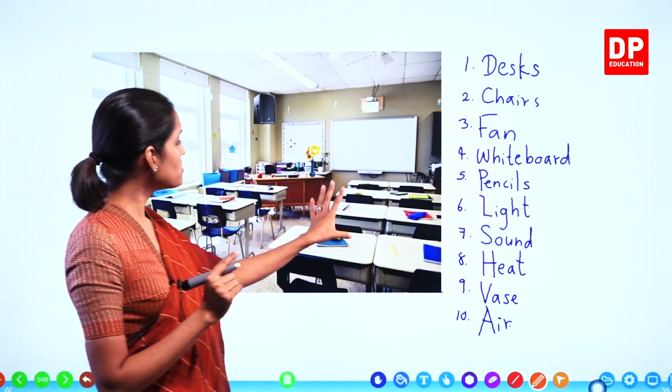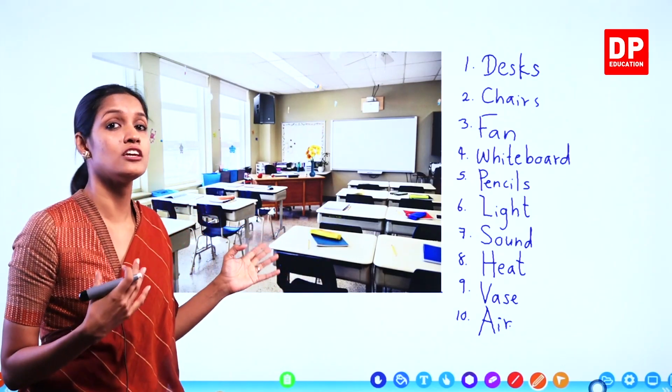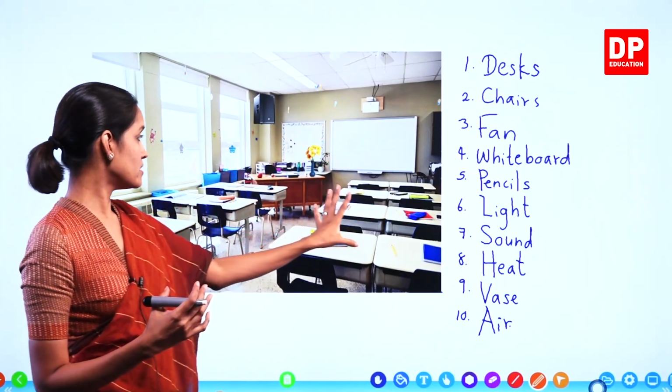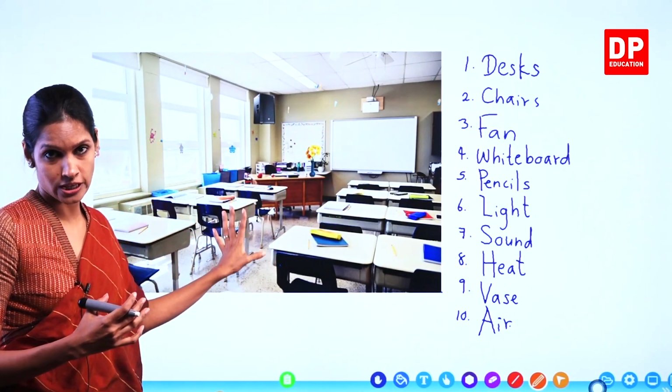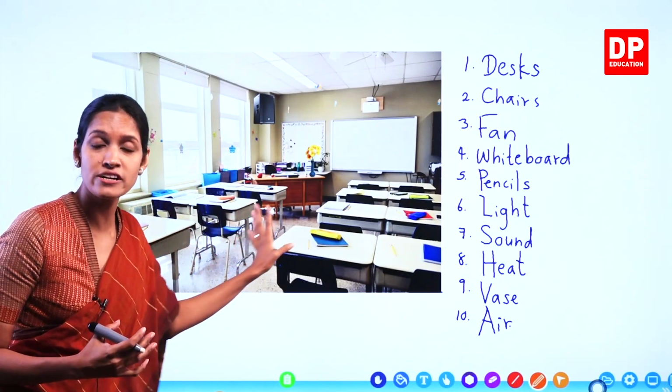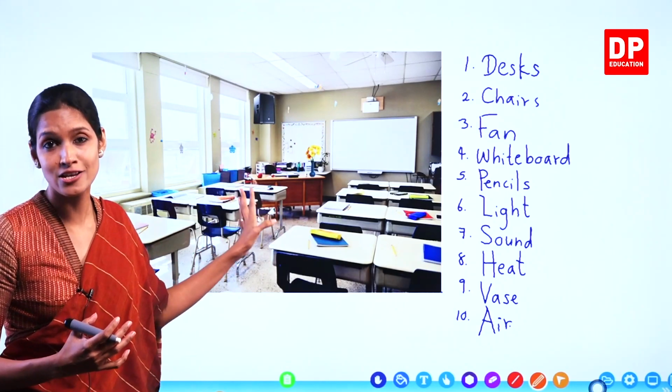Understand? What about the desk and chairs, children? They are also the same. Let's say that there are about 10-15 desks over here. What if I try to put more and more desks and chairs into this classroom?